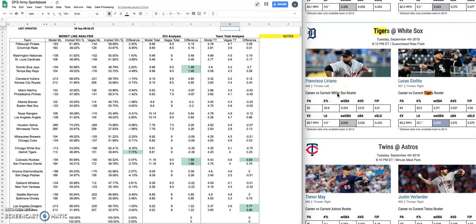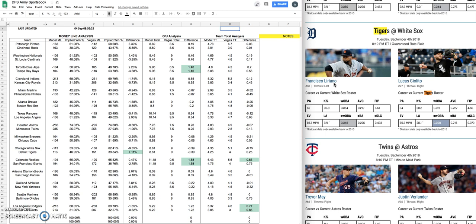But if you are going really contrarian, you want to do something really, really different, the value that the money line and the model are showing says Liriano has a fair shot at winning this game. Why wouldn't he be considered if you're playing 150 lineups? Say, you know what, just give me maybe 7 to 12% of Liriano here.